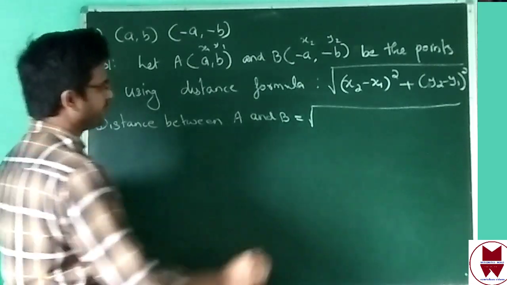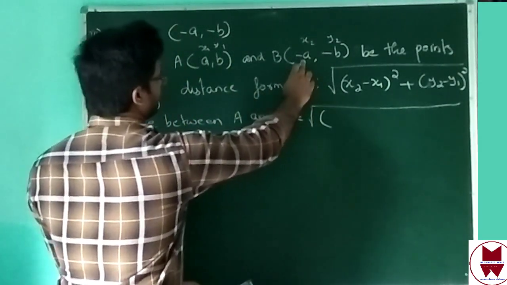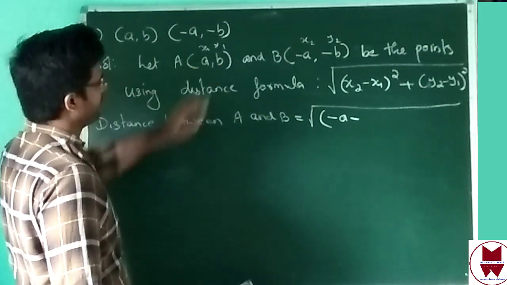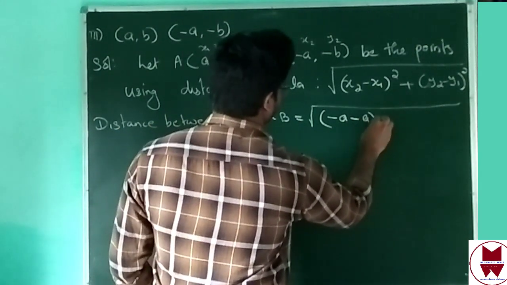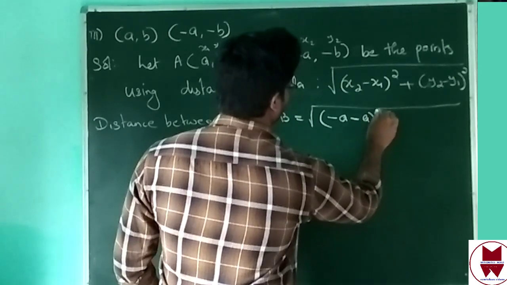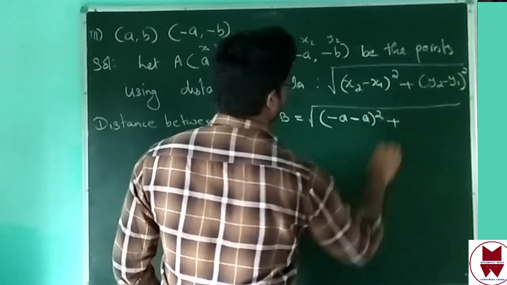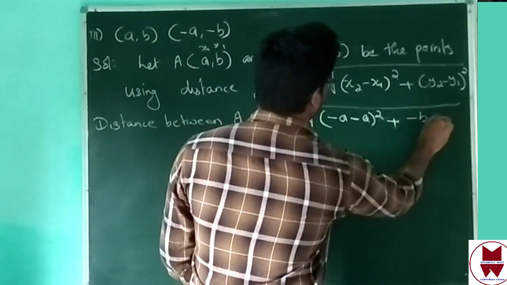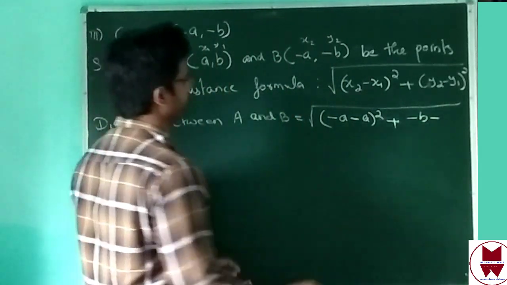Then x2 minus x1, that is x2 is minus A minus x1 A, all square plus y2 minus y1, y2 is minus B minus y1 is B.